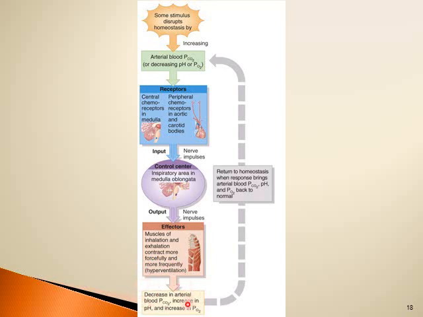The response is opposite to the stimulus, so there is a decrease in the arterial partial pressure of carbon dioxide, an increase in the pH, and an increase in the partial pressure of oxygen. This will return to homeostasis when the response brings arterial blood carbon dioxide, pH, and oxygen back to normal.